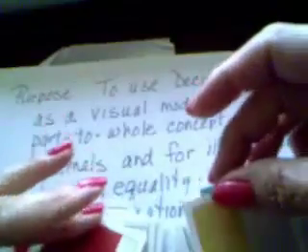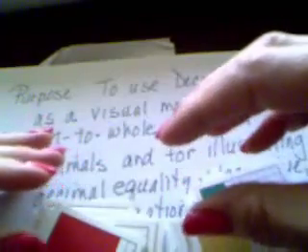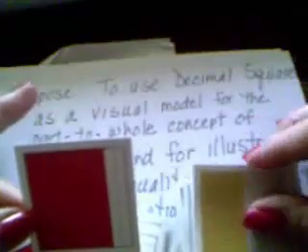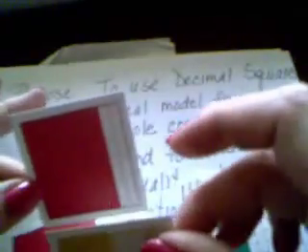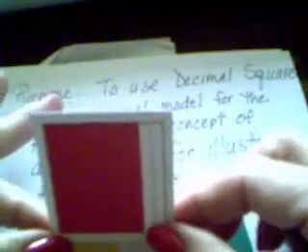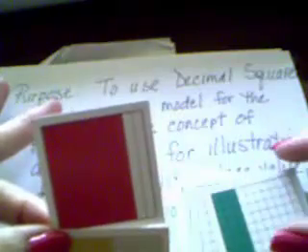So the usefulness of these is that we are able to compare. So if I want to compare 8 tenths to 500 thousandths, I can see that 8 tenths is greater than 500 thousandths.